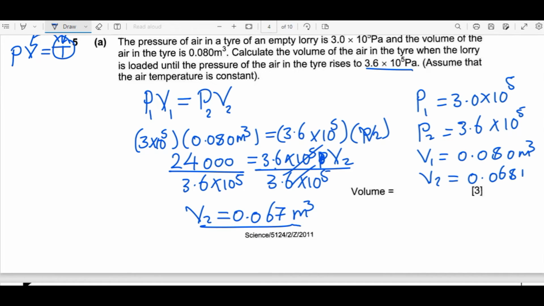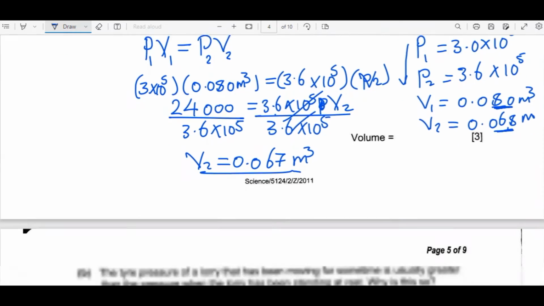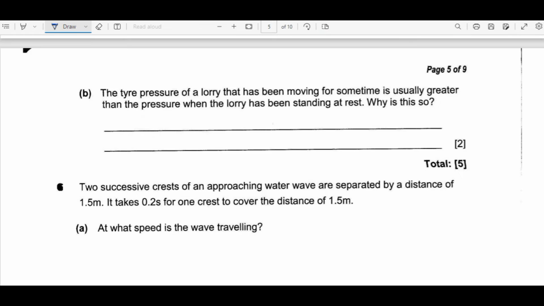So we can see from the data that the pressure increased, then the volume decreased, because this volume is greater than this volume. Whenever the pressure increases, the volume must decrease. So the relationship between pressure and volume, given that the temperature is constant, is that these two are inversely related. Then we move on to question B.